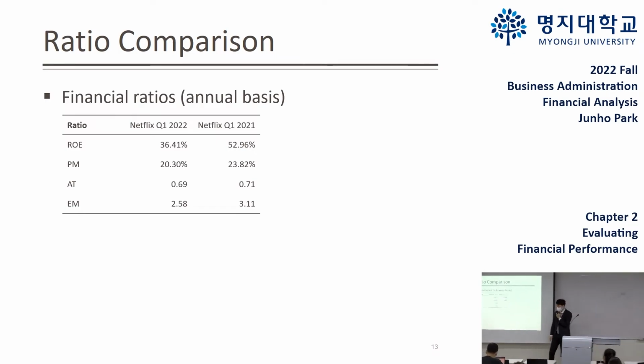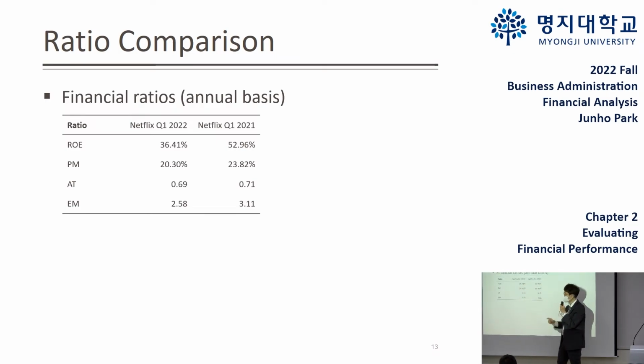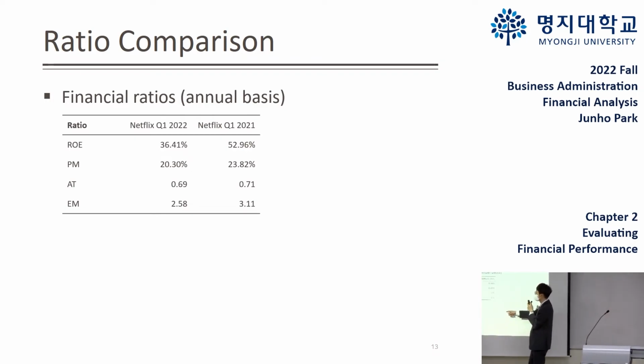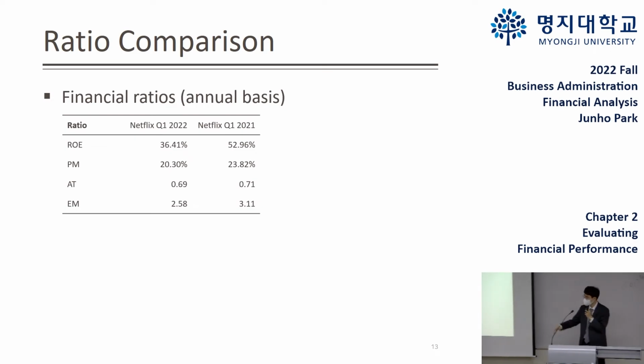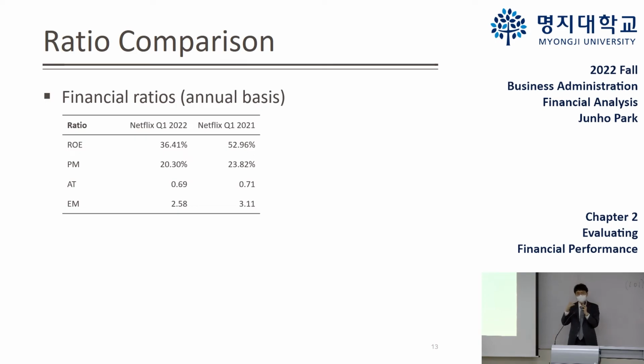And you can find that although it seems very high, 36%, ROE was even higher last year, at 52%. And profit margin was also high at 23%. So in comparison, we can conclude that Netflix is doing worse compared to last year's performance.